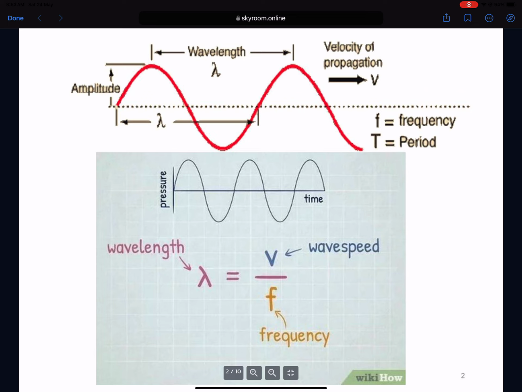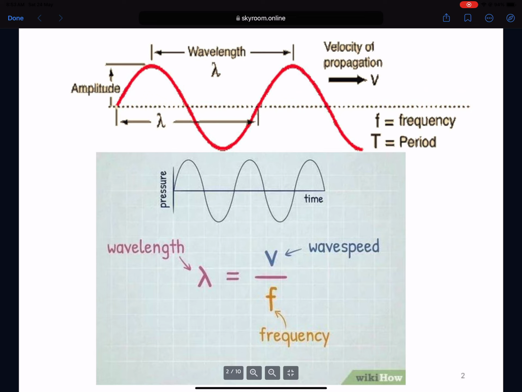Okay, so for measuring wavelength and frequency in the international standard system, we use meter for measuring wavelength. So when I tell you that we have a wave with a wavelength of 2 kilometers, it means that one point is here and the other point is 2 kilometers far away.